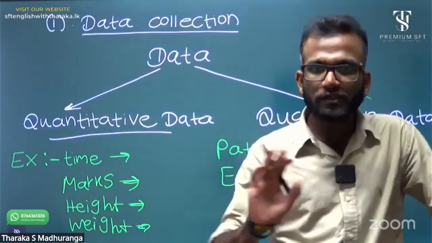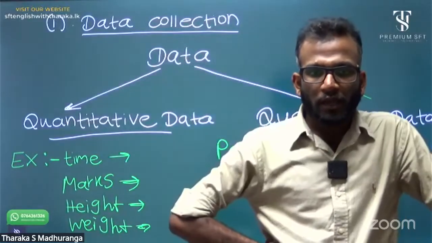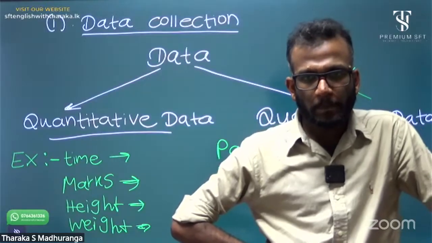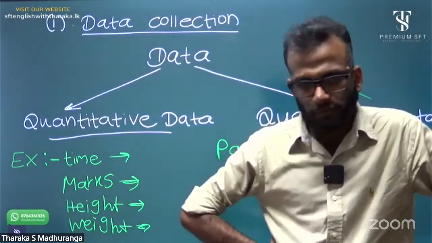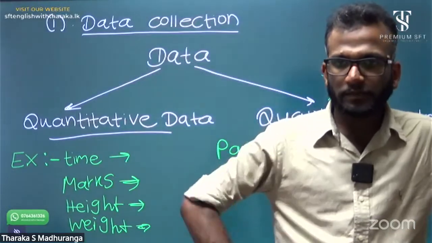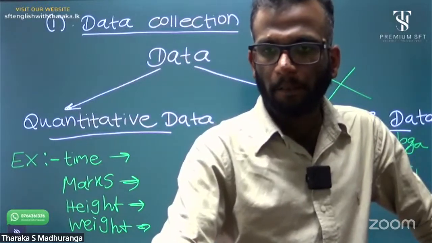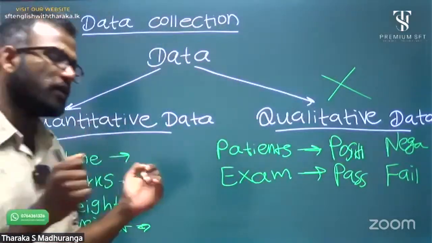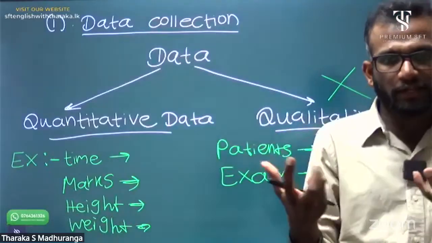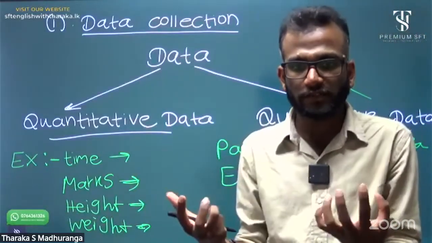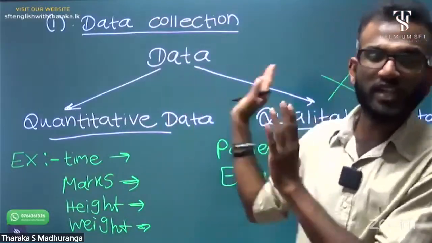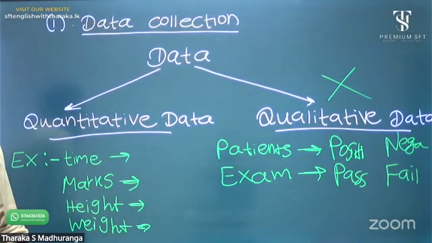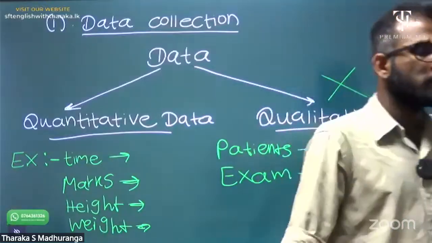Understood? Quantitative means just values. We can collect data as numerical values, so it is easy to analyze. But qualitative data analysis is too advanced. Understood?